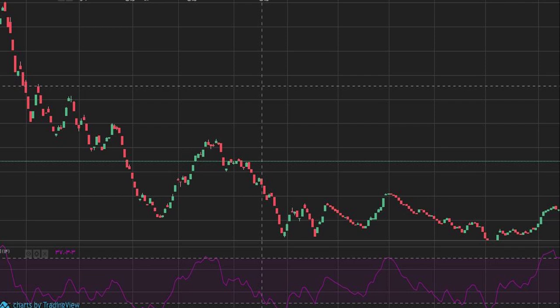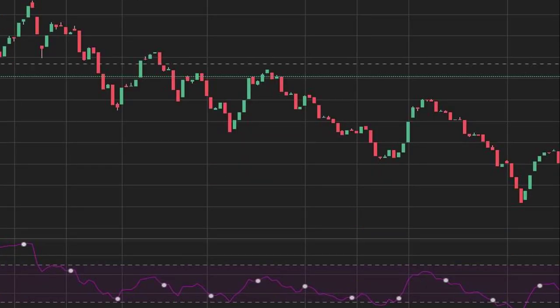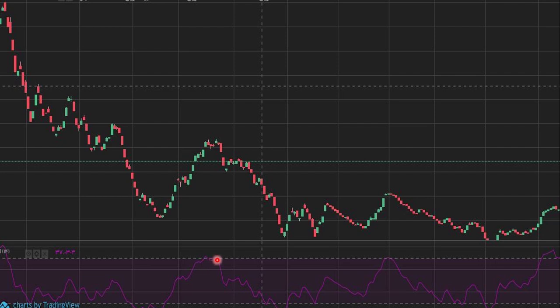Let's continue here. At this point, this candle, we have two types of buying signal. Let me repeat: we should not take a buying signal in markets that have a downward trend.